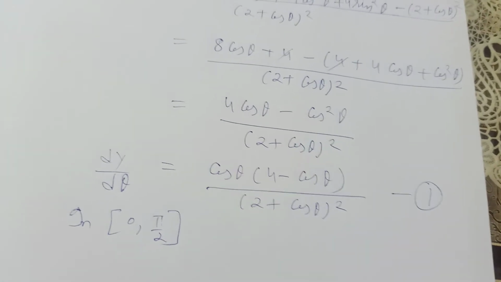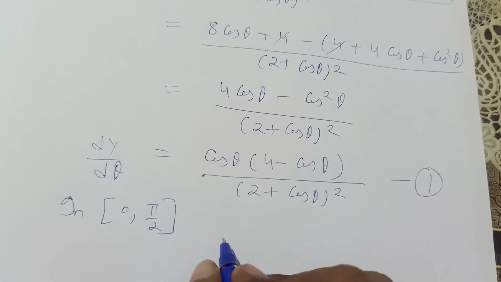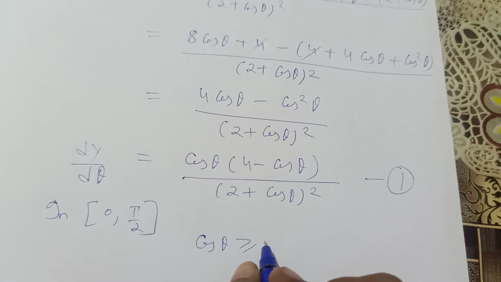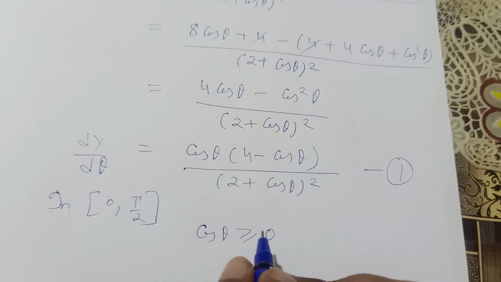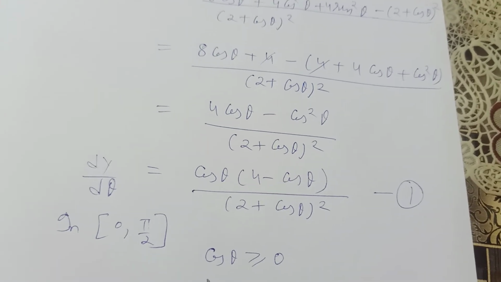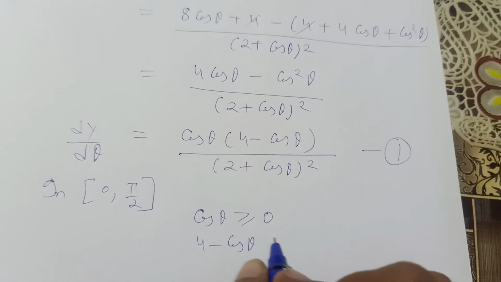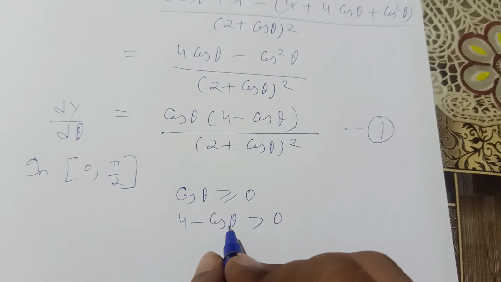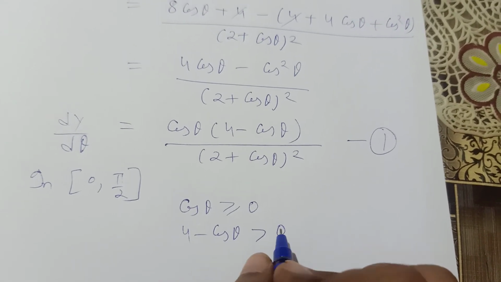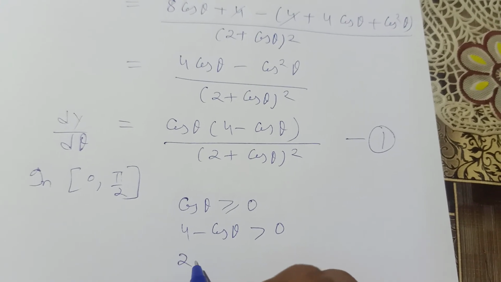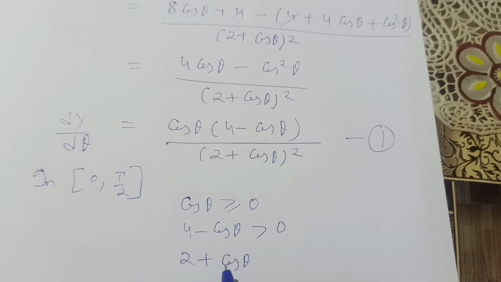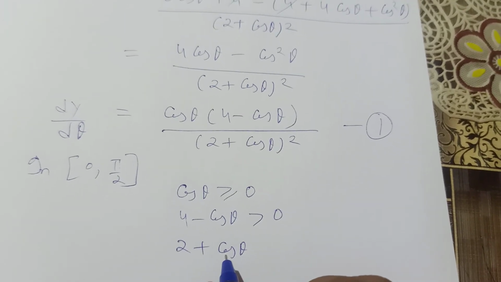In 0 to pi by 2 we can easily observe that cos theta is greater than or equal to 0, because cos pi by 2 is 0. 4 minus cos theta is always greater than 0, because the maximum value of cos theta is 1. 2 plus cos theta whole square, 2 plus cos theta is always a positive quantity.